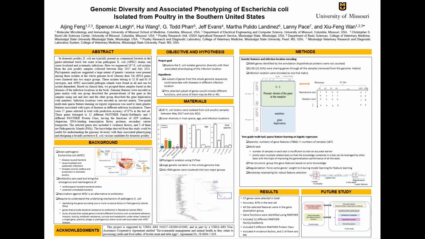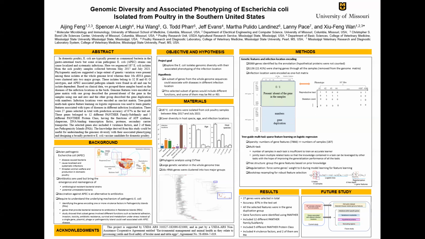An effective vaccination program is one of the most important strategies in E. coli disease prevention and control, as an alternative to antibiotics, which requires understanding the underlying mechanism of pathogenic E. coli. Identifying the genes encoding one or more virulence factors of pathogenicity islands and genes that provide bacterial resistance to antibiotics in resistance islands is one way.